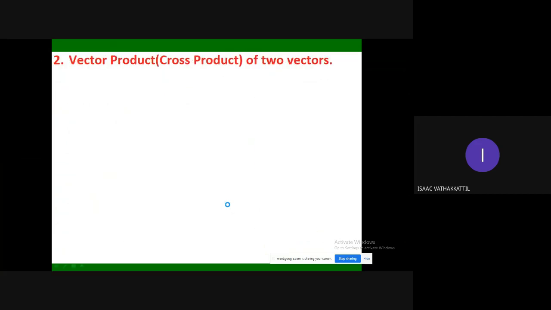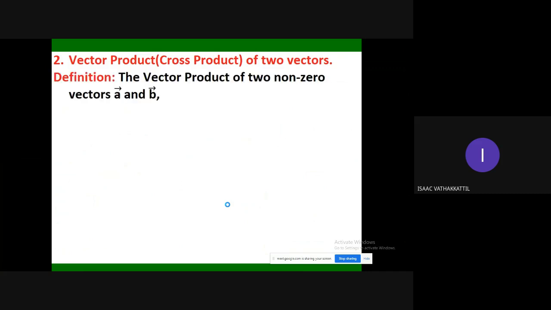Now we come to the second major point, that is the cross product or vector product of two vectors. For two non-zero vectors A and B, we denote the vector product or cross product by A cross B. It is defined as A cross B equal to, it is a vector, remember, magnitude A into magnitude B into sine theta into n cap.